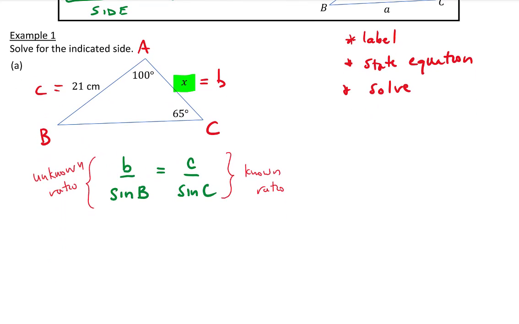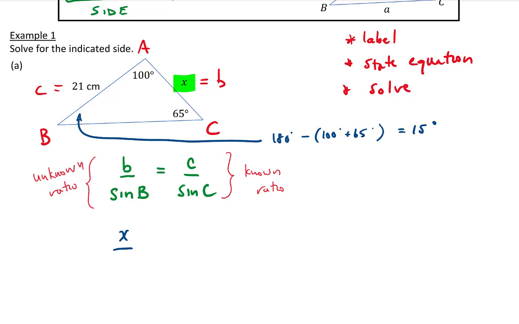Alright, next part is to sub in and solve. Let's sub in our values. Side B is x. It looks like we don't know sine of B, but to find angle B, that's 180 minus 100 plus 65, or 180 minus 165, which gives us an angle of 15 degrees.